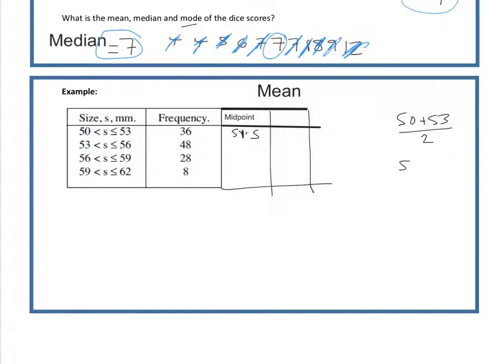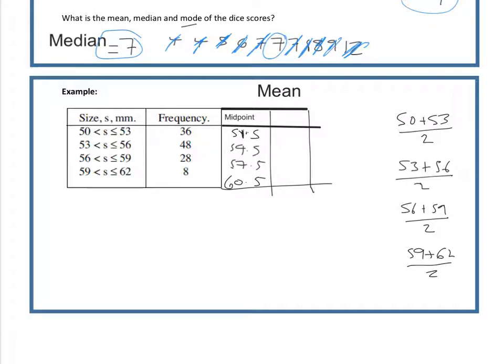So we have 53 plus 56 divided by 2 gives us 54.5. Then the next one, 56 plus 59 divided by 2 gives us 57.5. And then finally 59 plus 62 divided by 2 gives us 60.5. So those are our midpoints.